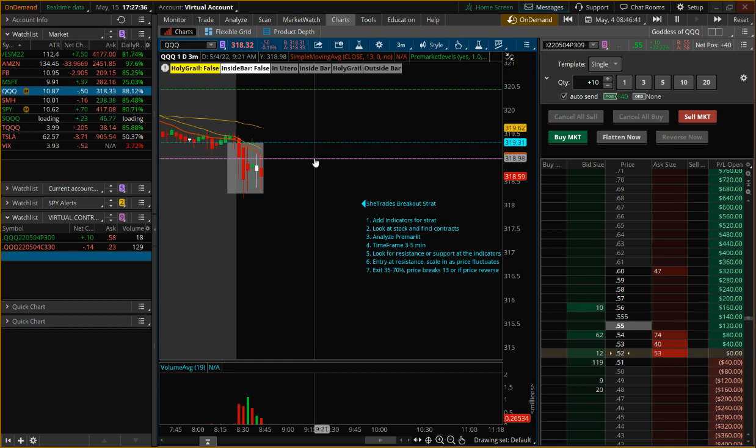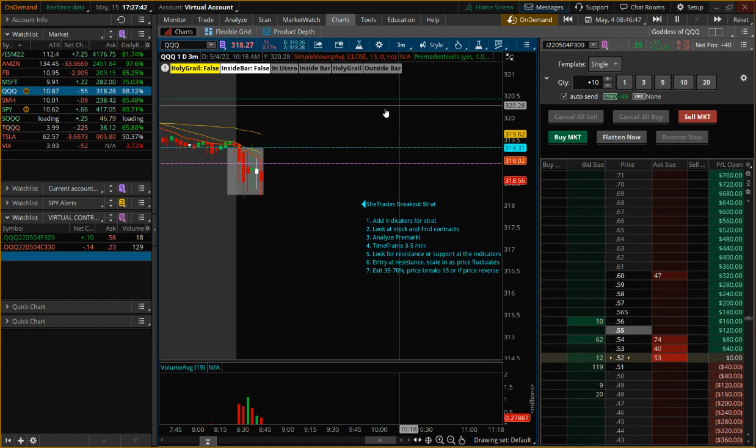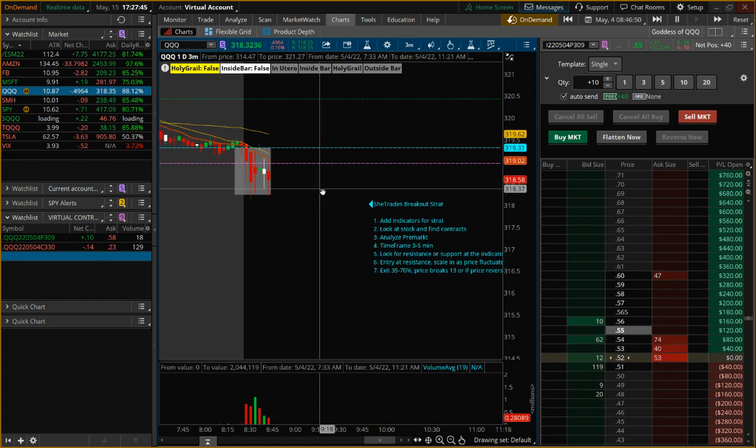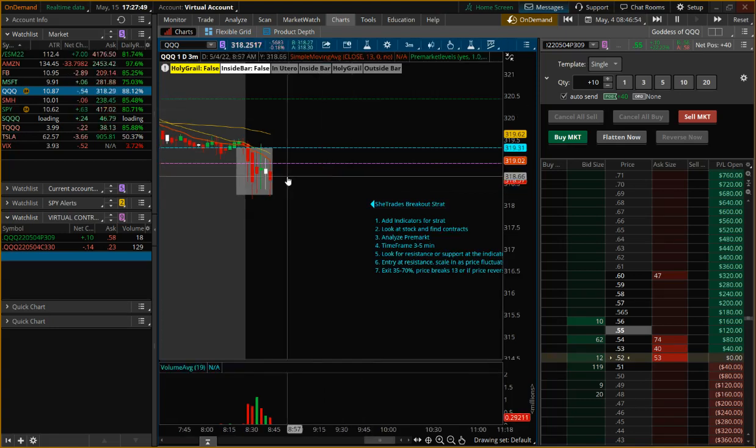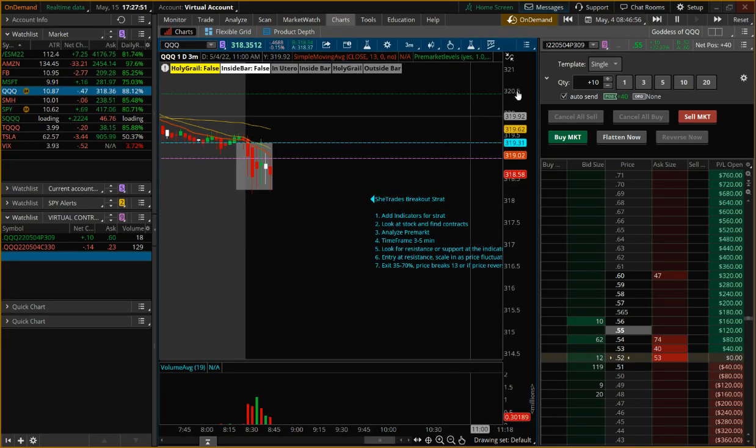This is the high, this is the low. The price could not get back above the high. We're up 9% now. And let's see if we can get one more red candle. Let's see if we can get out of this box.